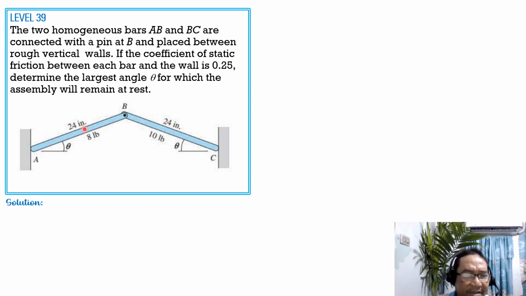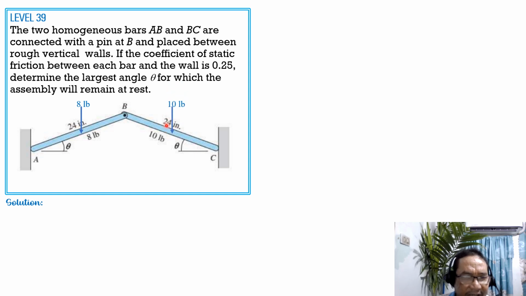For AB, it is equal to 8 pounds, given in the figure, and it acts at the center. Then for BC, it is 10 pounds.